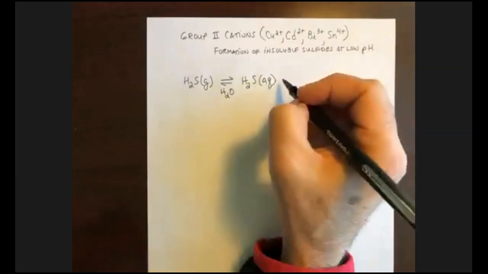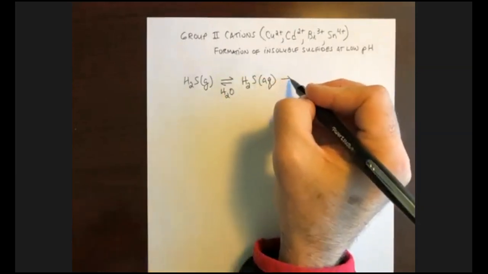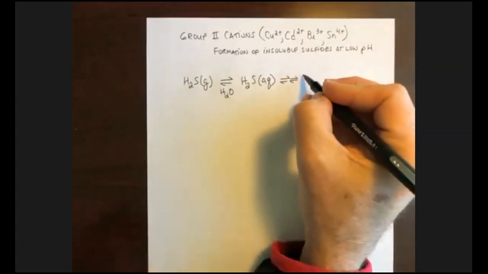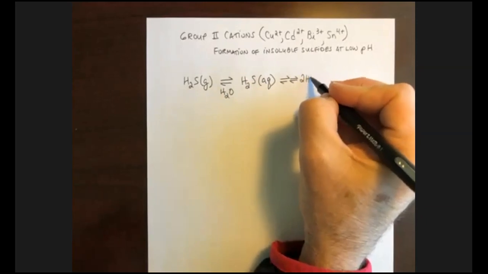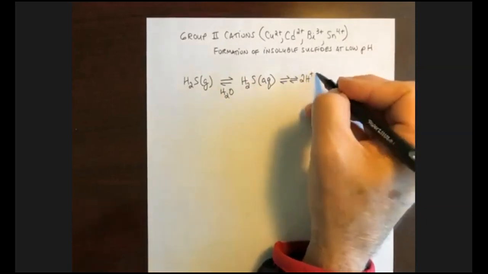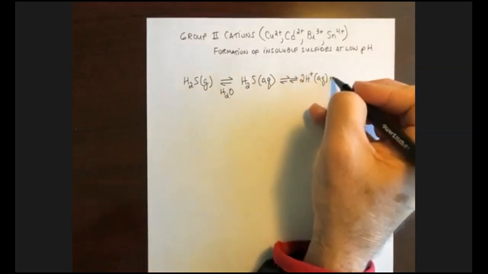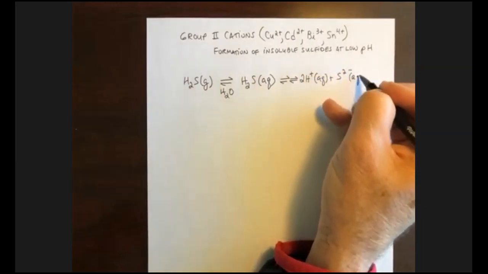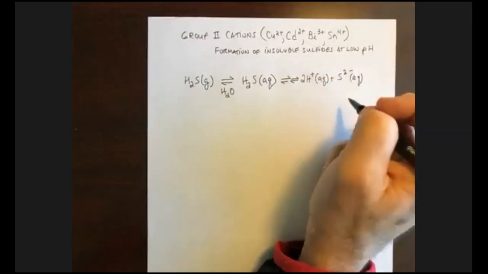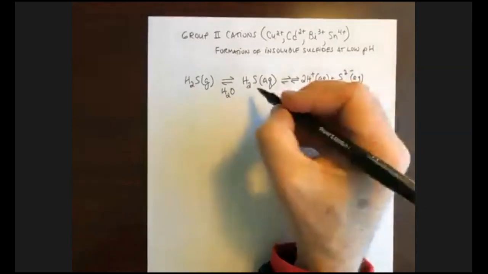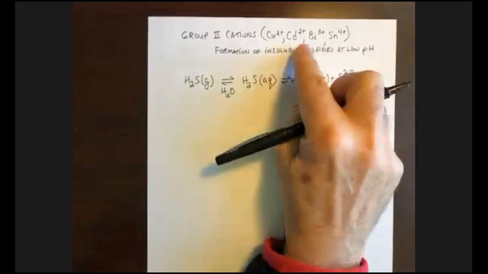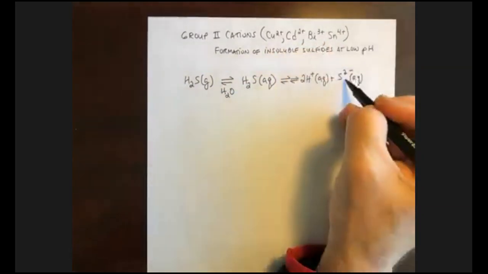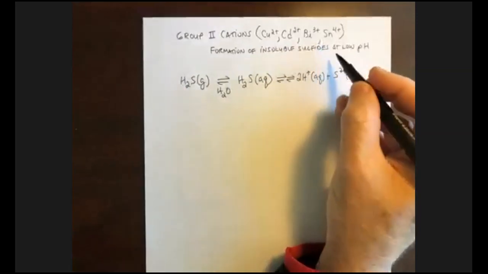And so it would essentially be in equilibrium ultimately with 2 protons and the sulfide ion. So in other words, what we need to do is figure out a way of bringing hydrogen sulfide into a solution that has these ions so that we can generate the sulfide ions to precipitate them.